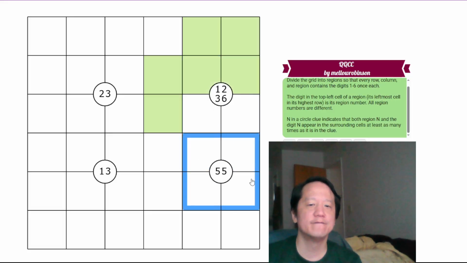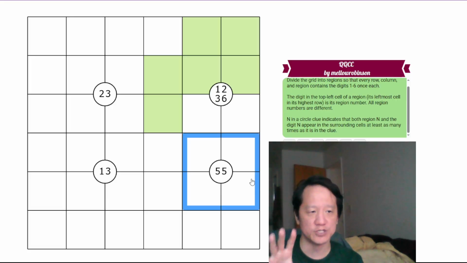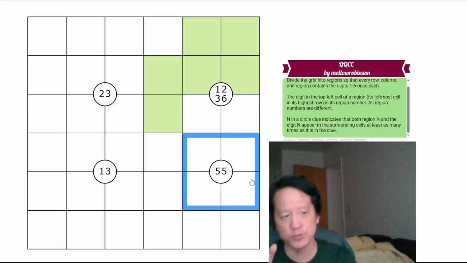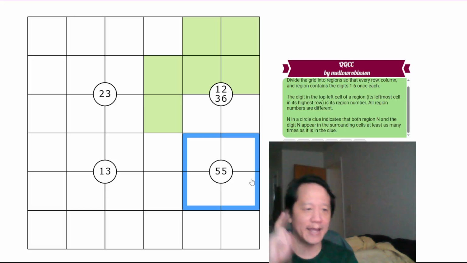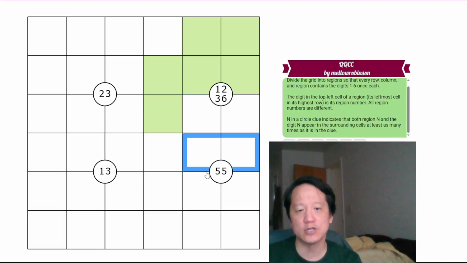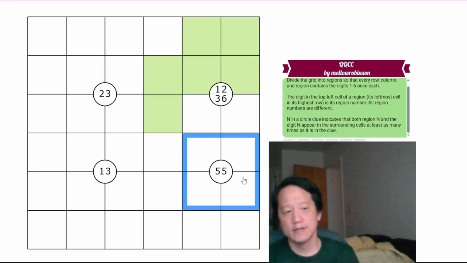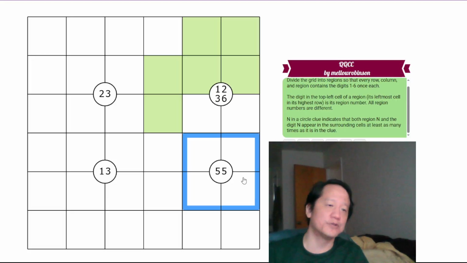This is saying region 5 must appear in the cells surrounding this quad circle, and 5 has to appear twice in the cells surrounding this quad circle. Interesting. Anyways, those are all the rules.